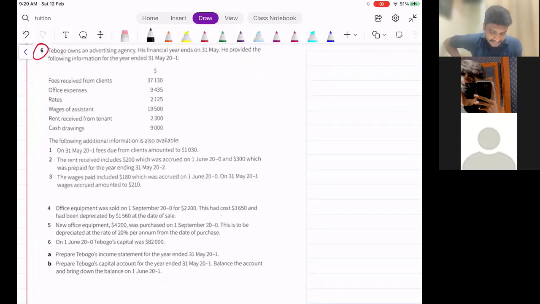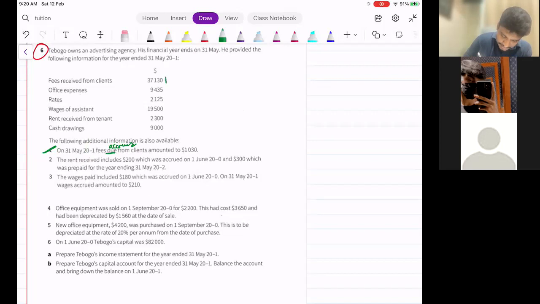Tobacco owns an advertising agency. His financial year ends on 31st March. They give you all the information. The first additional information is fees due from clients. Due means accrued. Accrued on the 1030, and this is the closing. The 31st is closing. So closing accrued means I will plus or minus?